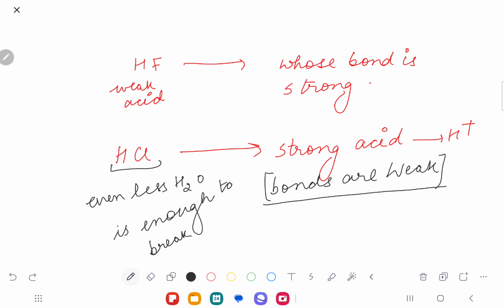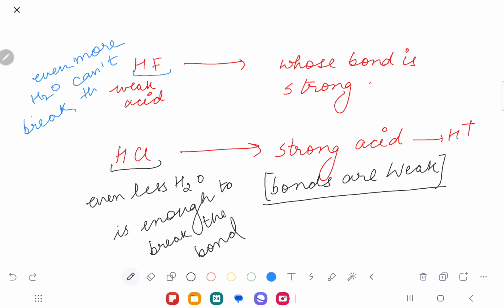And with HF, no matter how much water you add, it can't break the bond effectively.